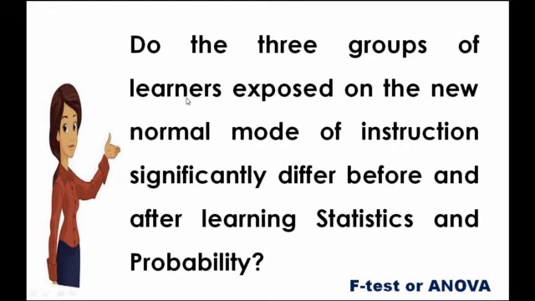Maybe the 3 groups of learners are being grouped into the new normal mode of instruction. It can either be home-based learning, it can be physical learning, and then it can be virtual learning. Now, this is an example of an analysis of variance research question.